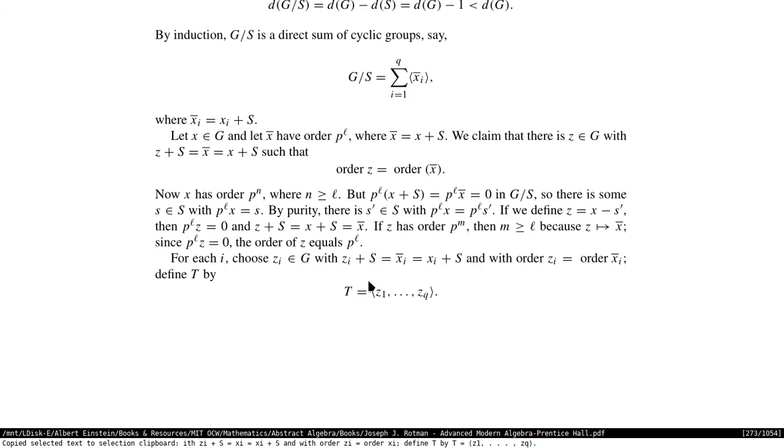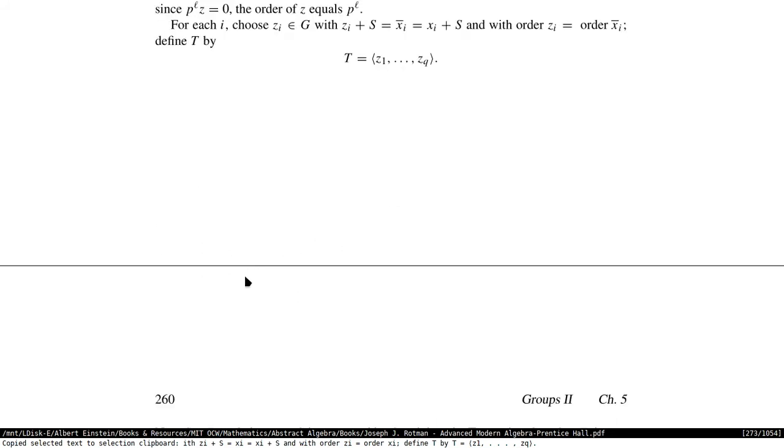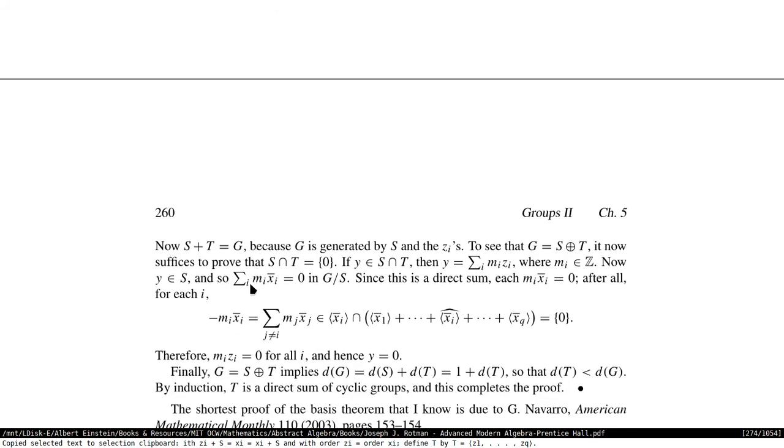So zi plus s is going to give you xi plus s, and this is just in G. So G is generated by s and t. To see that it's a direct sum, we'll have to prove the other condition, that they intersect at 0.